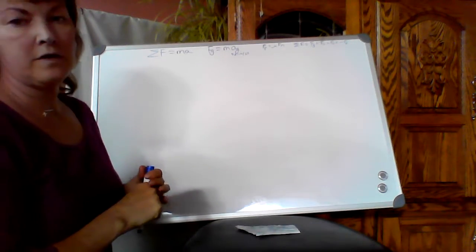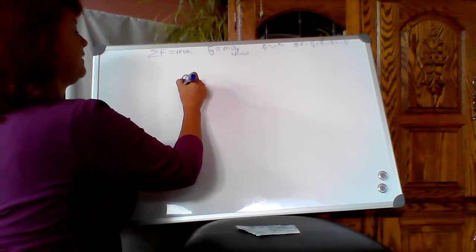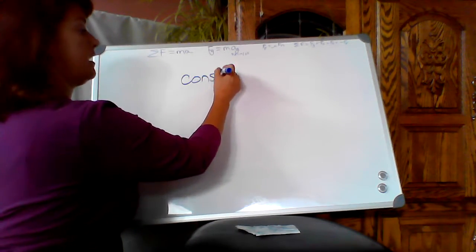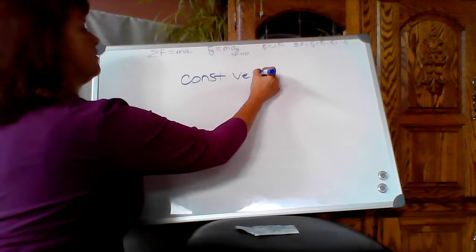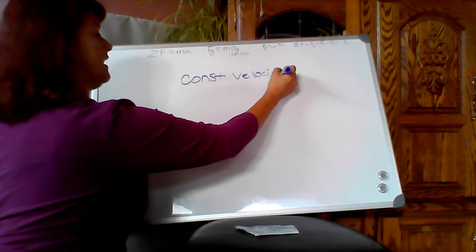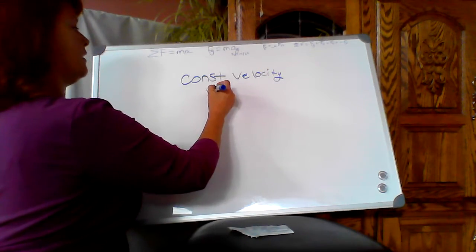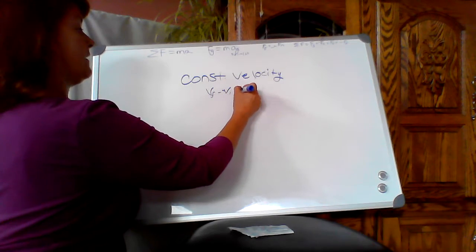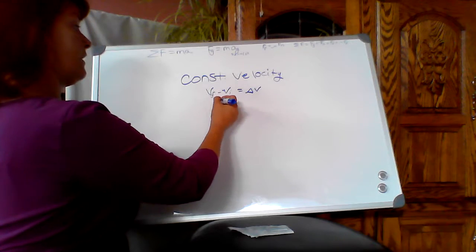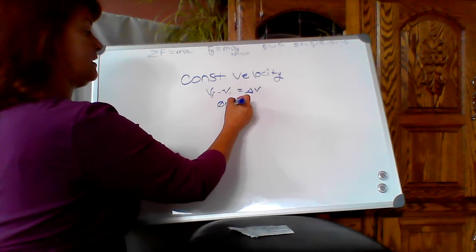A couple of key words to look for when you're looking at Newton's law problems: if you have something that's moving at a constant speed or a constant velocity, we know that the initial velocity and the final velocity are going to be the same. So when we do our final minus initial velocity to find the change in velocity, if they're the same numbers, that's going to equal 0 meters per second.